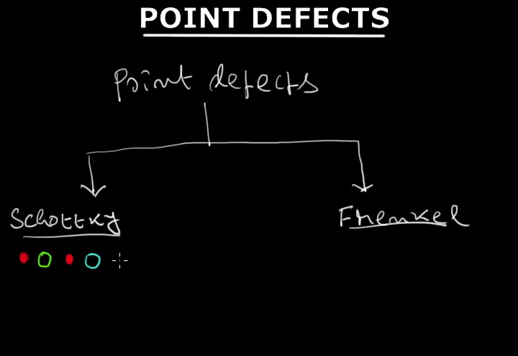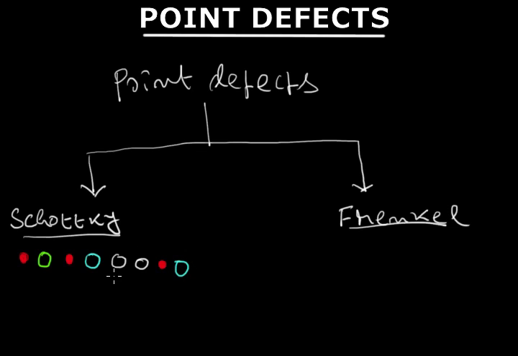But if it remain vacant, and there will be an anion, if these also remain vacant, now there is a cation and then there is anion.